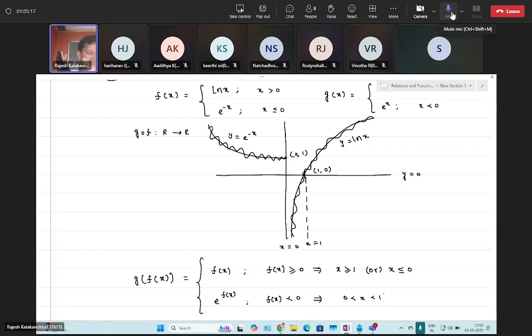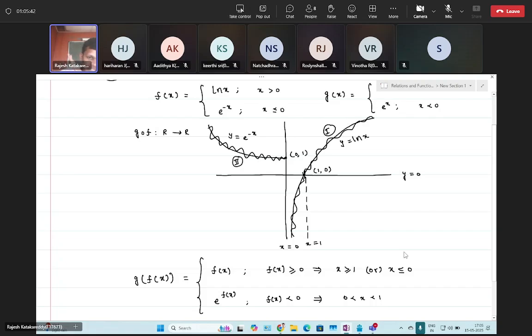I am explaining again, please listen. They have given f of x greater than or equal to 0. I have seen the graph of f of x. I have identified the portions which lie above the x-axis. There are two different portions. This is portion 1, or first part. This is portion 2, or second part, right?